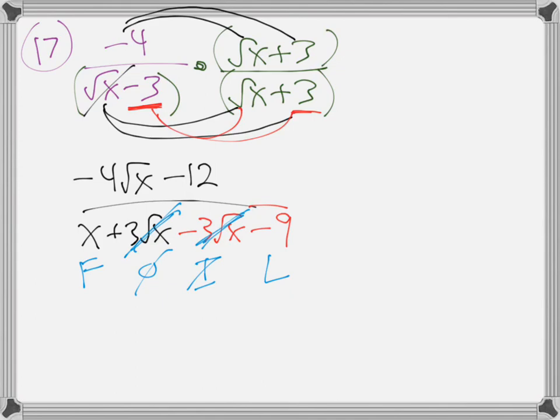The O and the I are always going to cancel. It's always going to end up just being the fronts, the front times the front, which is what F stands for, and the last times the last. Front times front, last times last. The middle stuff will always cancel when you're doing the conjugate. If you want to save time.